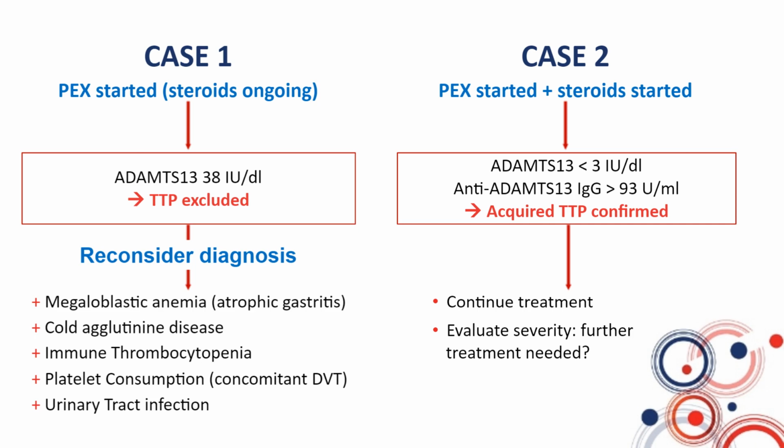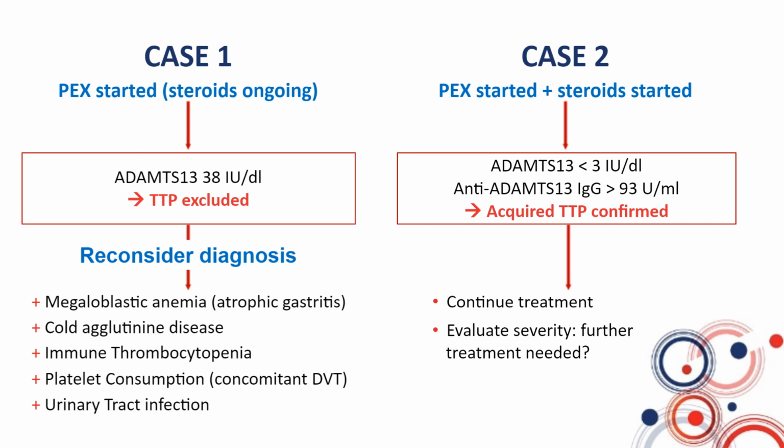And if the level of ADAMTS13 was not less than 3%, we were allowed to continue with PEX and steroids and stop caplacizumab. This is what I tried to show for the management of the patient affected with TTP and the differential diagnosis of the patient with TTP.